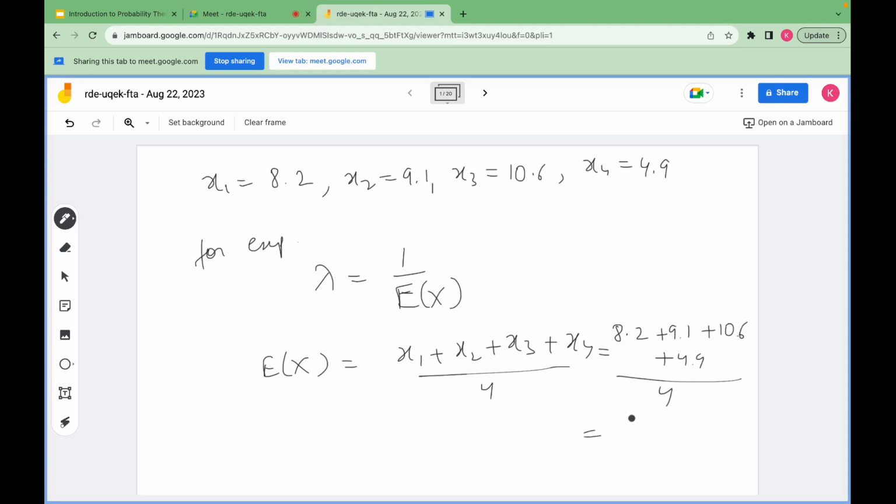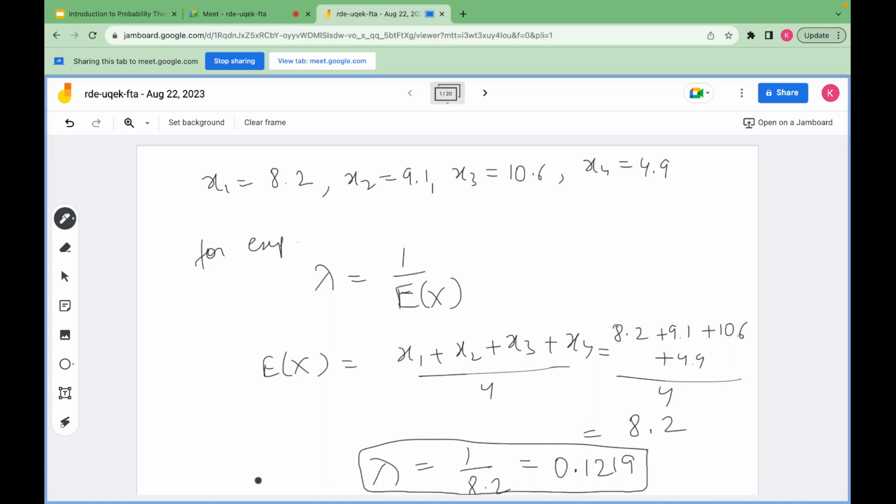This will come out to be 8.2. So lambda will be 1 upon 8.2, that is 0.1219. This is the answer. So we were given some samples, then we find the expectation of that sample, and from that we find the population parameter.